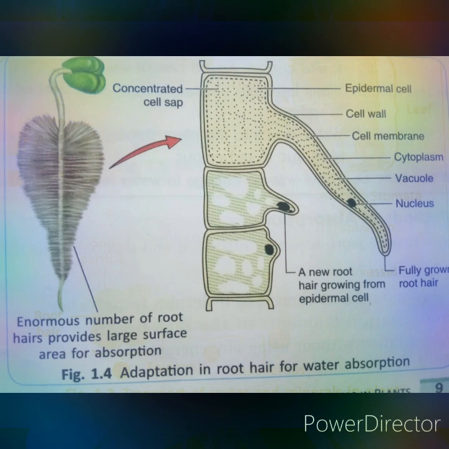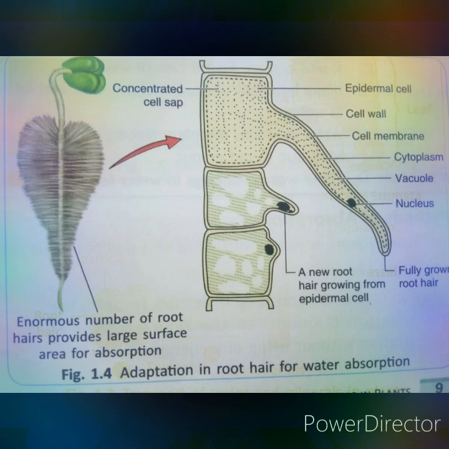Then they consist of the cell sap, which has a high salt concentration, so that the concentration is more and they are ready to absorb the surrounding soil water, so that more soil water is held by the cell sap present in the root hairs. The root hairs have large vacuoles so that they can absorb much water.